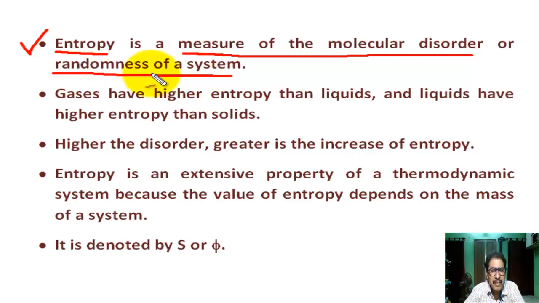Randomness means the conception of a physical system, that of order and disorder, also known as randomness of a system.